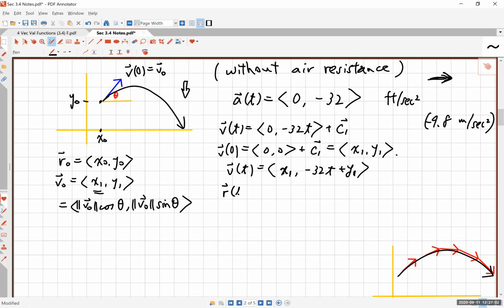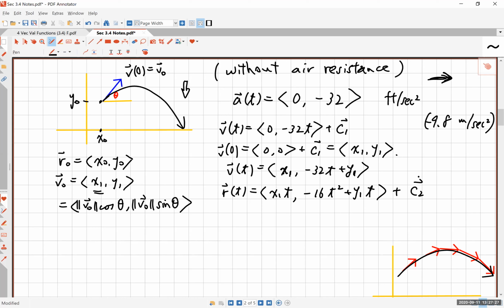All right, let's try to find the position function, which is x1 times t now, right? And then you have negative. Now, what happens when you take the antiderivative of t? It becomes t squared over 2. So this is negative 16t squared plus y1t. And let's put the constant vector outside.